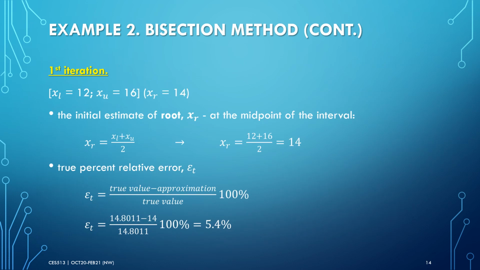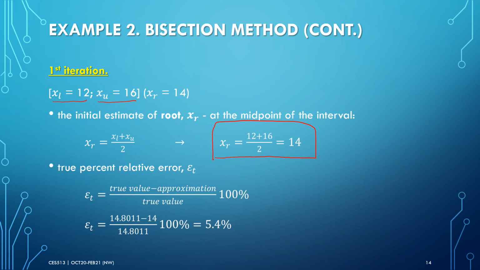Now we start with the first iteration, where the lower bound is taken as 12 and the upper bound taken as 16. The initial estimate of the root, XR, lies at the midpoint of the interval. So we get the estimated root as equal to (XL plus XU) divided by 2, which gives 14.